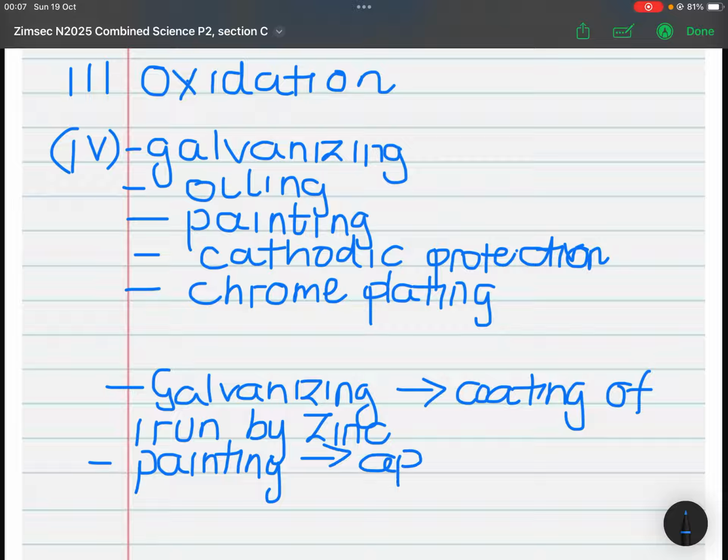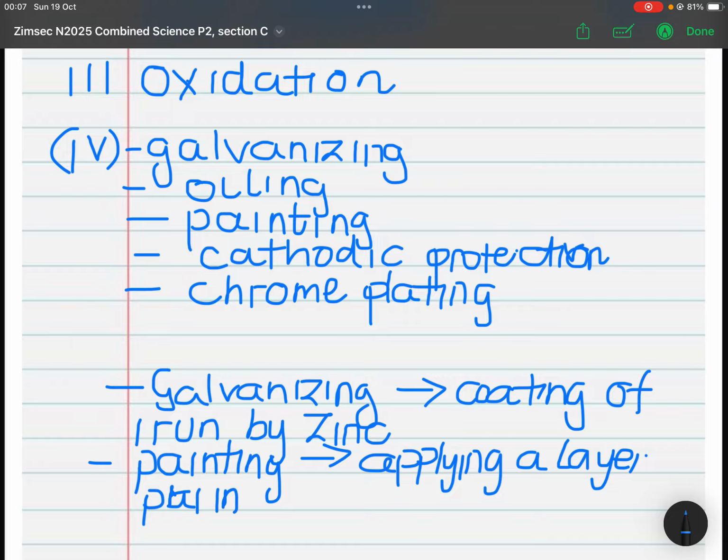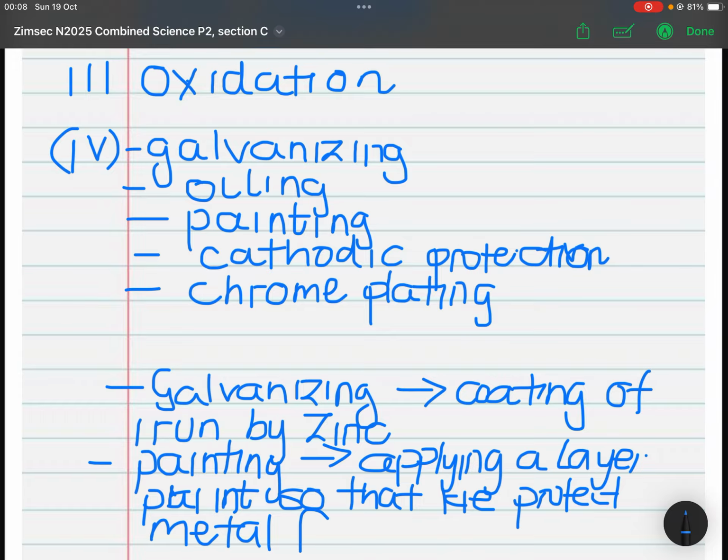So we are applying a layer of paint so that we protect the metal from moisture and oxygen. So some of the methods I will just explain.